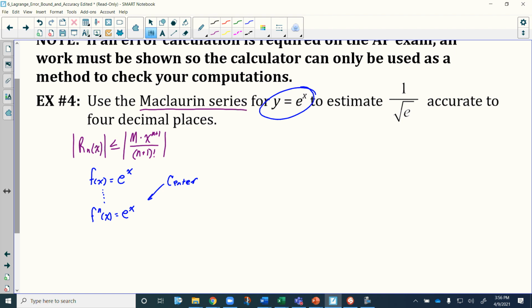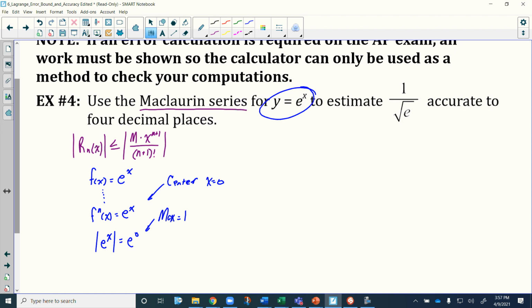If the center is when x is equal to 0, which is implied since it's a Maclaurin polynomial, then if I'm looking for a maximum, I can say the maximum here is going to be the absolute value of e to the x when x is equal to 0. Well, when x is equal to 0, the maximum in this case is going to be a 1. Anything to the 0 power is going to be a 1.